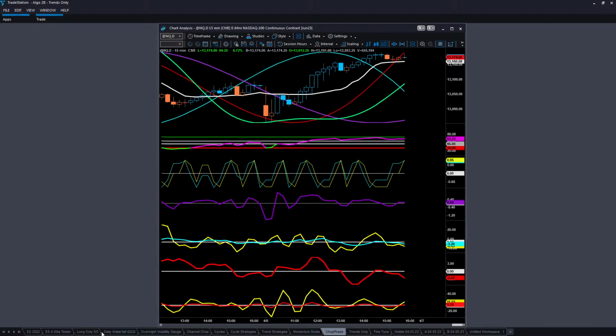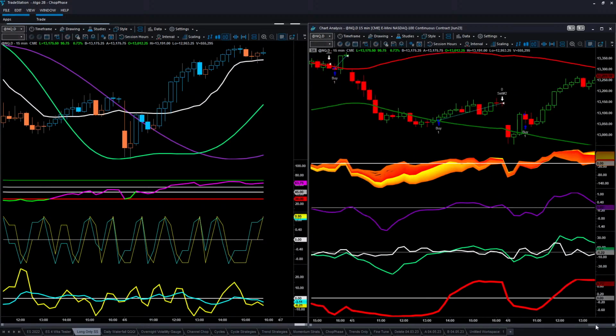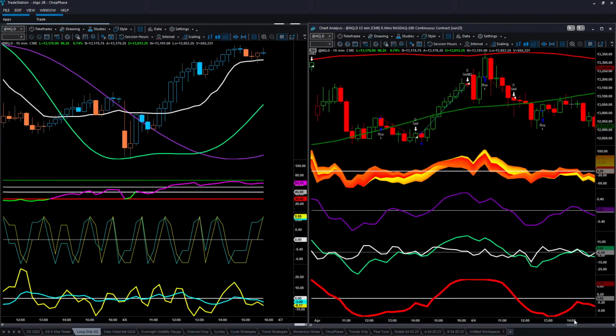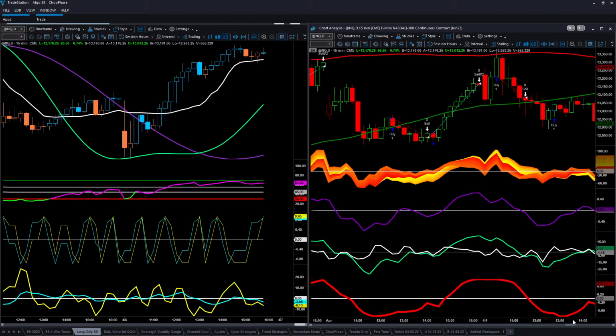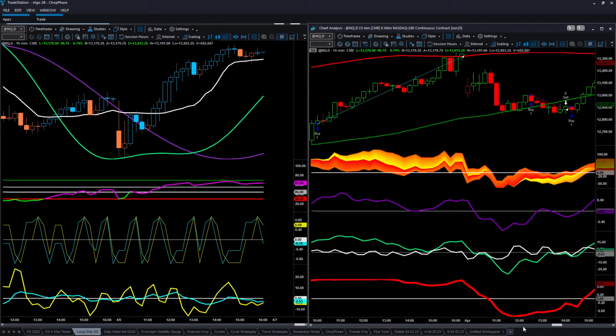It's typically what ends up happening, and I see this a lot. So you end up having these runs right before the close. You end up having these little Mickey Mouse pullbacks like this, and then it just runs right into the actual close.